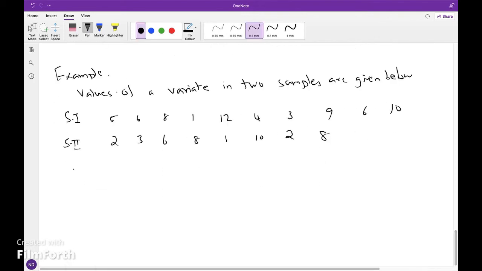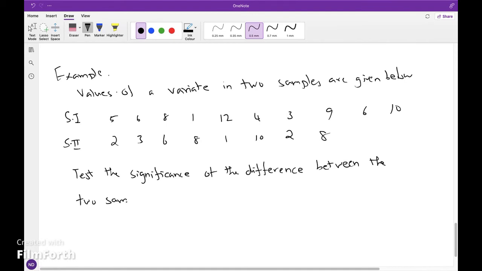Test the significance of the difference between the two sample means and the two sample variances.